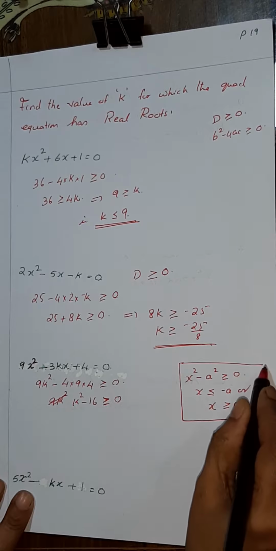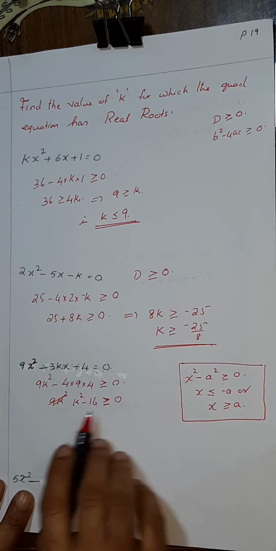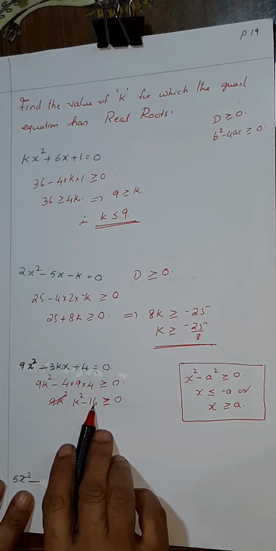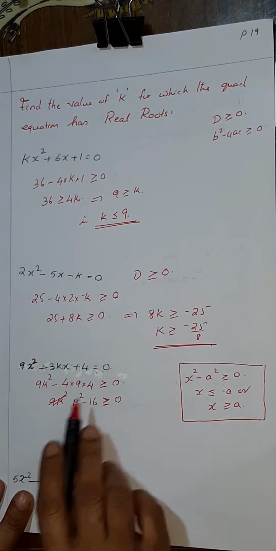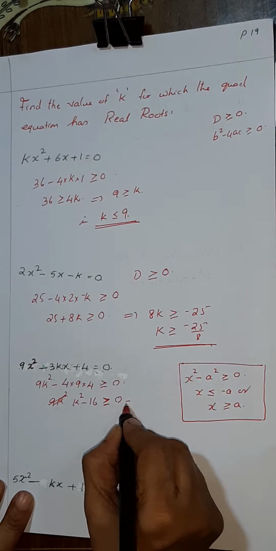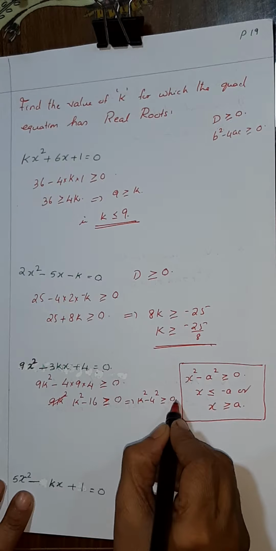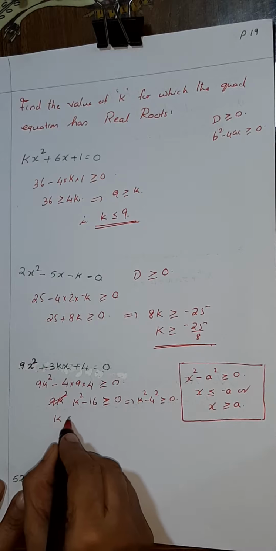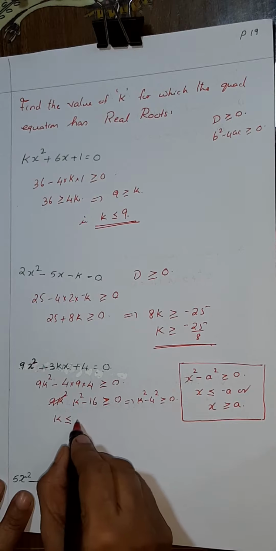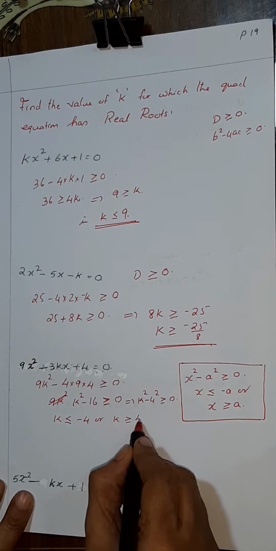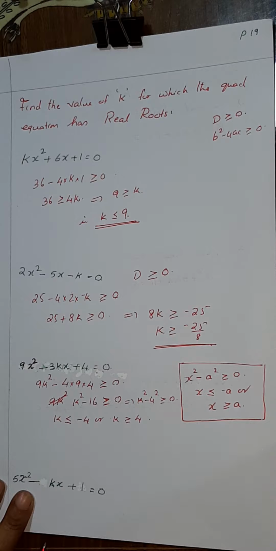So it is of this format, x squared minus a squared, where a squared is 16, that is 4 squared. So k squared minus 4 squared is greater than or equal to 0. Therefore k is less than or equal to minus 4, or k is greater than or equal to 4.